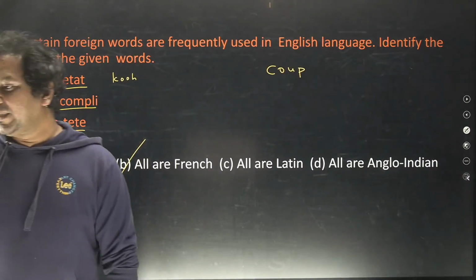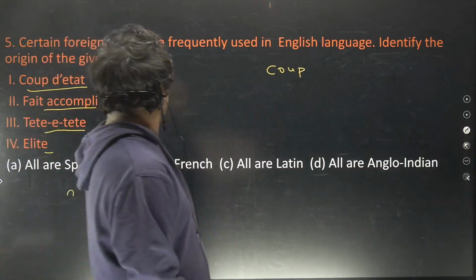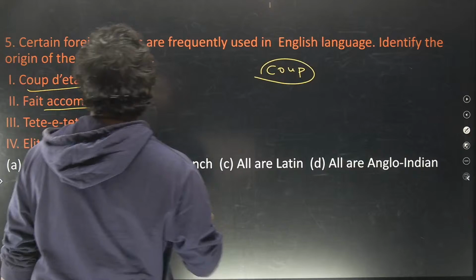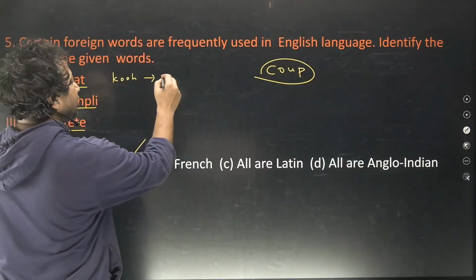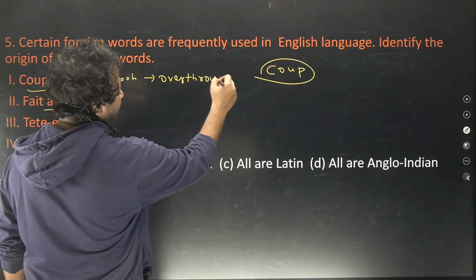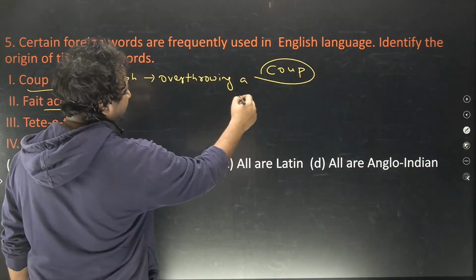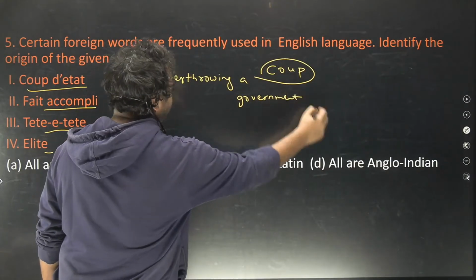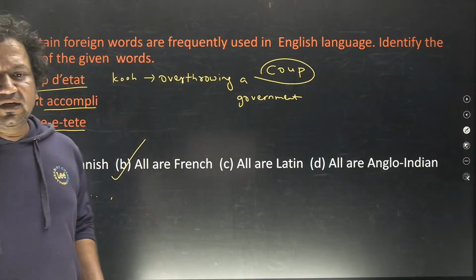Tushar says takhta palat. Yeah, that is right. Coup, like you must have heard about military coup. Coup d'etat is basically overthrowing a government. It can also be a dynasty like kings. So this word is used when the government is overthrown.